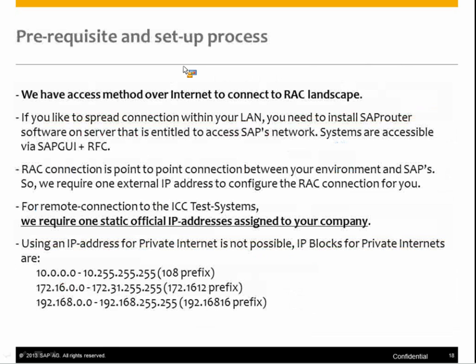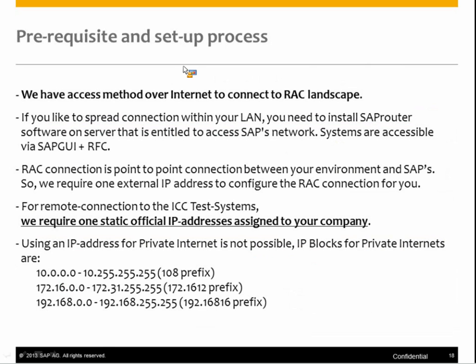As mentioned, connection is possible over the internet. When getting access to the RAC landscape, you need to have a particular IP address available. We will enable that IP address within a point-to-point connection between your environment and SAP's.